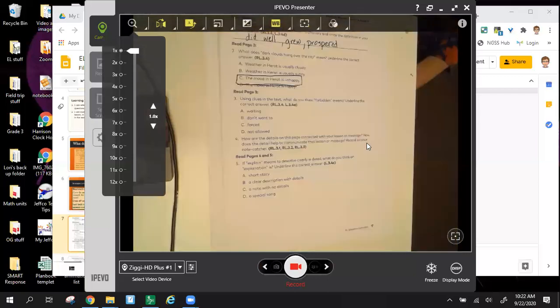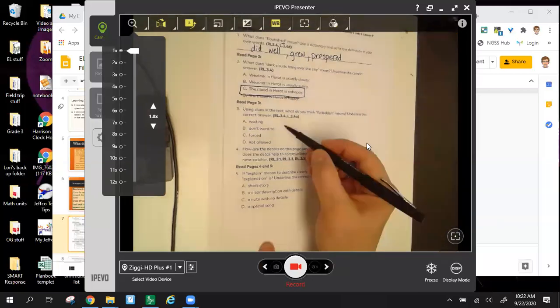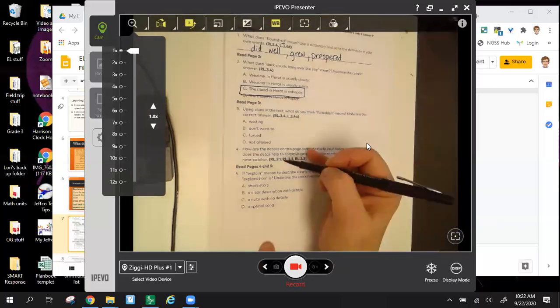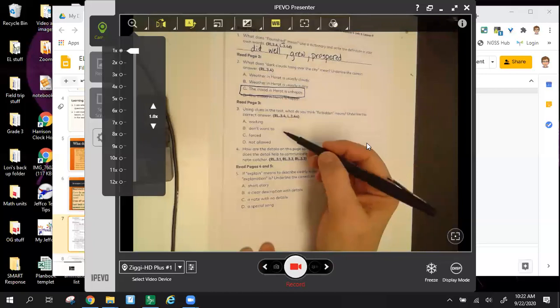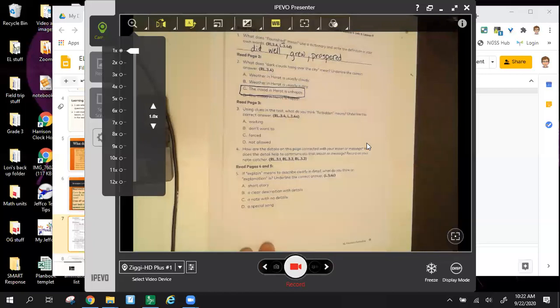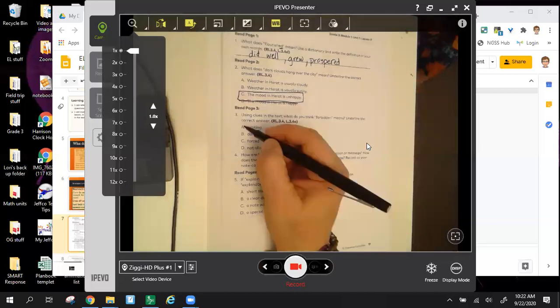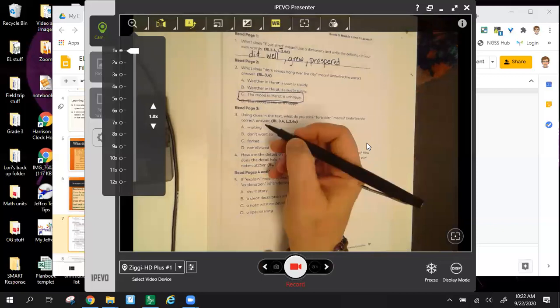Everybody choose one that you think are our choices. First of all, can we cross any out? Can we cross any out? What do you think? Waiting. So would girls be waiting to go to school?